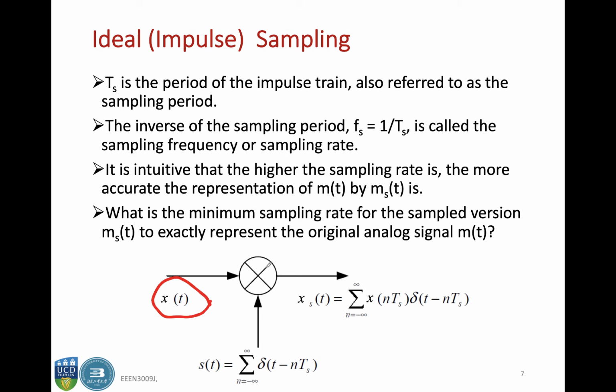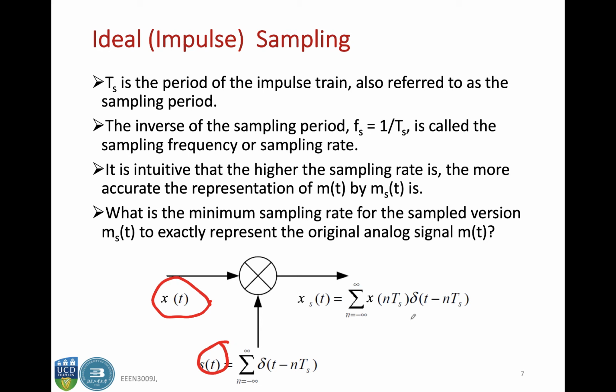So basically that means you are convolving this signal. I am assuming that you have learned the concept of convolution in your digital signal processing class, and also signals and systems class. So you are convolving this signal x(t) with another signal s(t), which happens to be an impulse train.